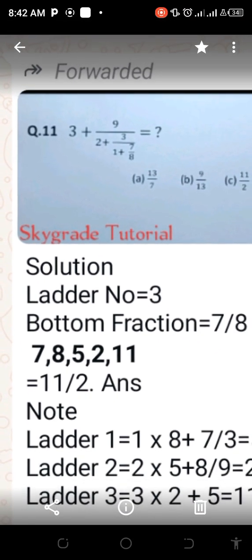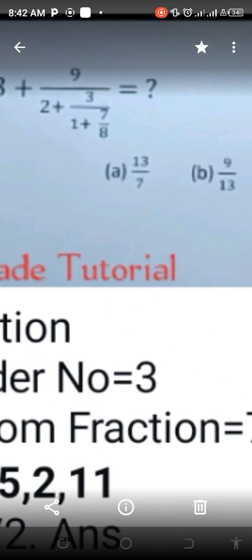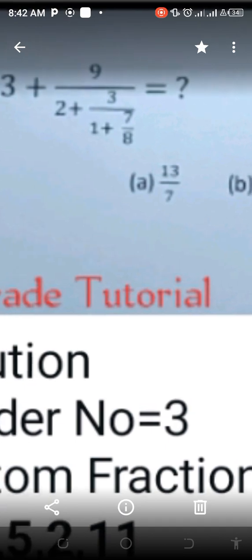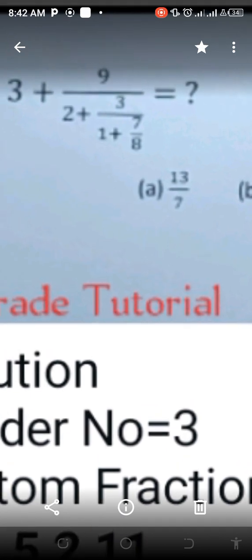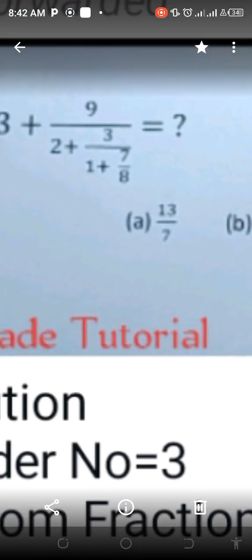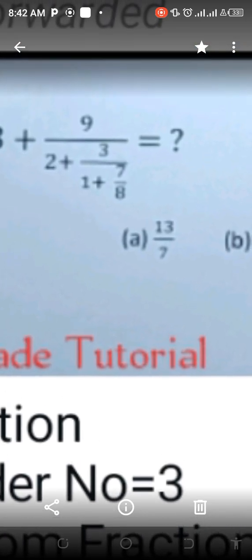So there's a different way of solving it. What are we going to do? To find the first ladder, it is just 1 times 8 plus 7, divided by the numerator of the first ladder. The numerator of the first ladder is 3. So this numerator here, if it is not 1, you will use it to divide whatever you arrive at as the value of your ladder.